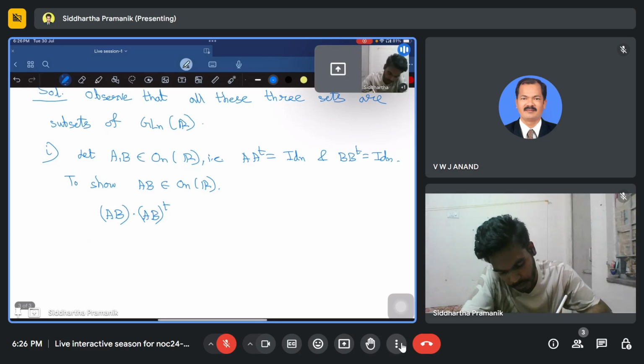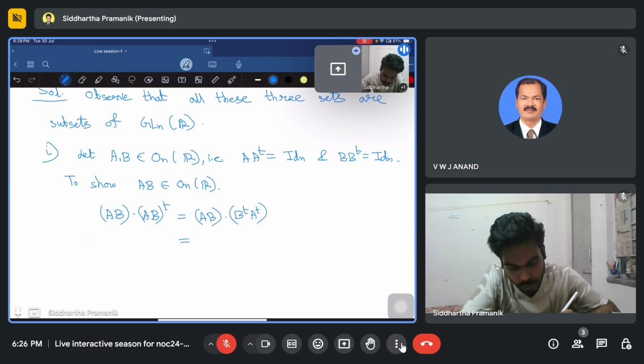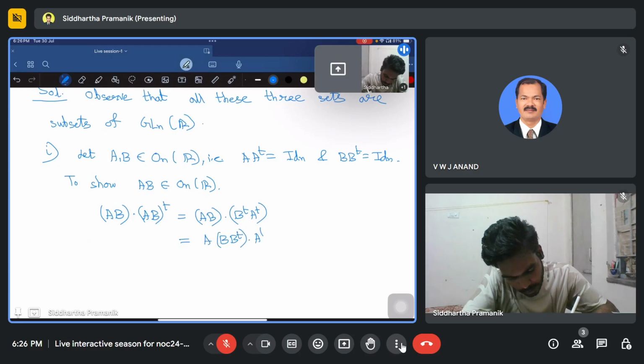So let's use the properties of matrices. This is nothing but A B B transpose A transpose. So use the associativity of matrix multiplication. So this is A times B B transpose times A transpose.